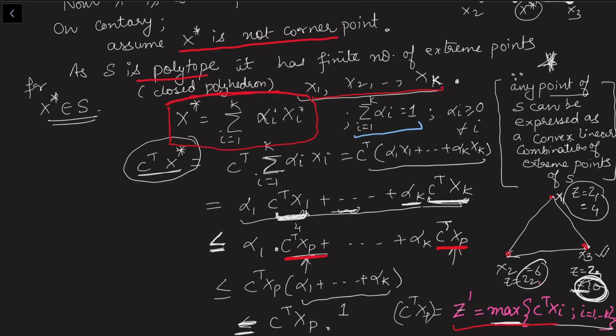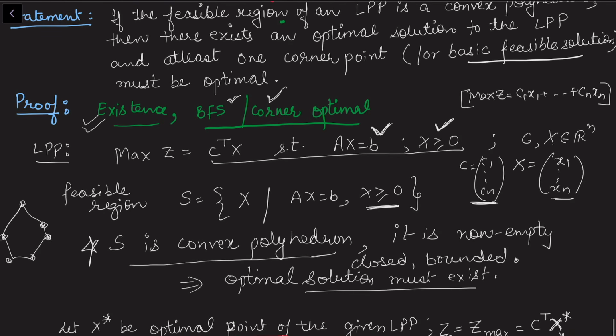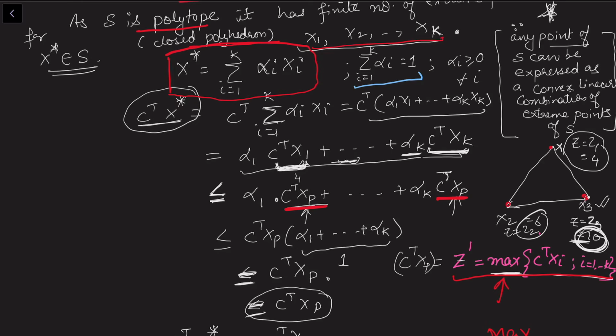So we have to select the maximum, and this maximum I have selected here because I have considered in my linear programming problem a maximization. As a remark, if instead of maximization we select minimization, then in this step where I replaced this value with the maximum value, you can replace it with the minimum value.